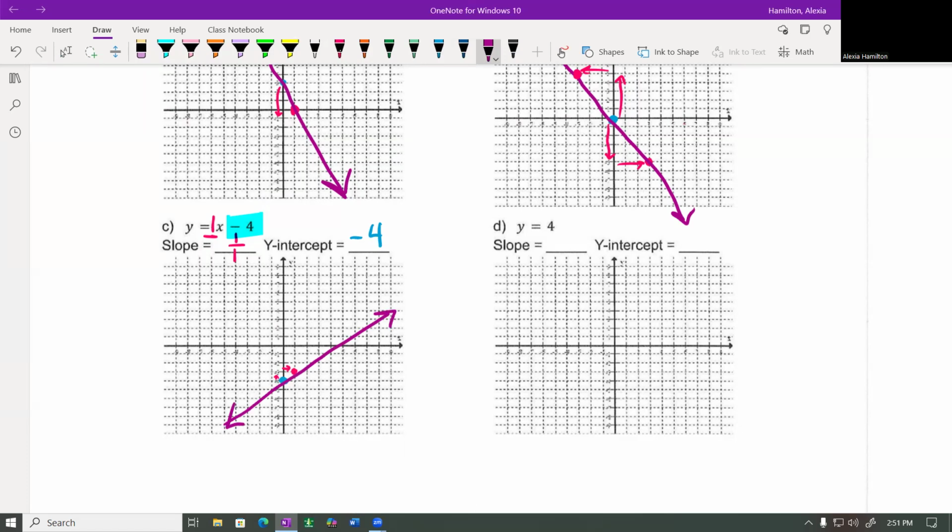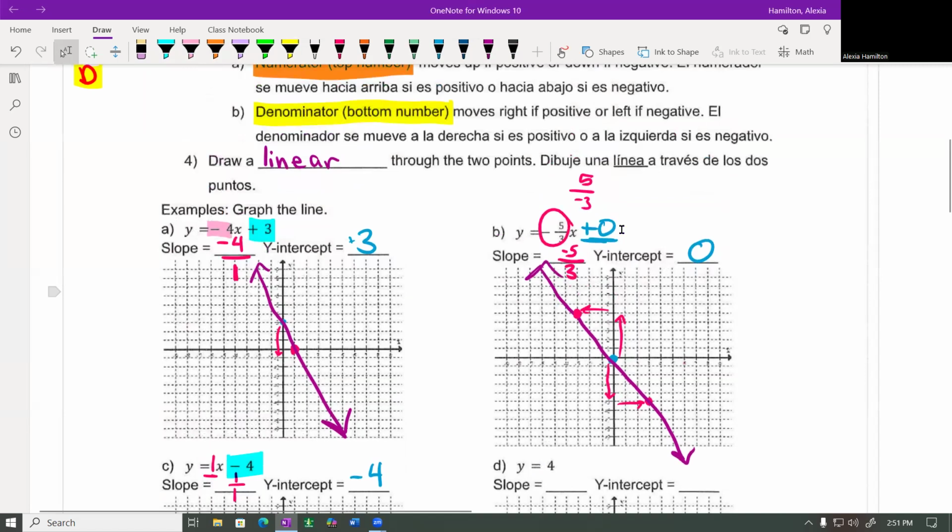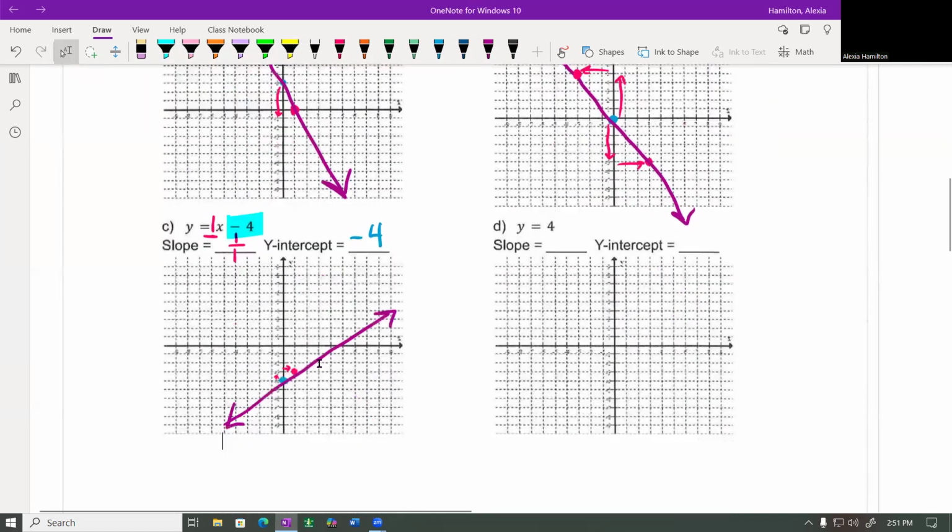Last one, y = 4. There is no x. So just like up here on B, where I had nothing behind the x, and on C, I had an x but no number in front of the x, on D, there is no x. So how could I write that saying there is no x? Well, I could write that as 0x, right?